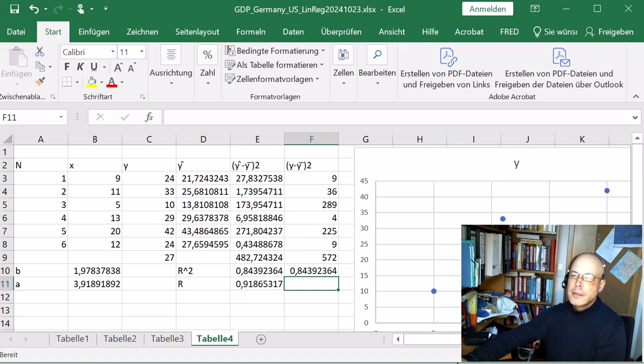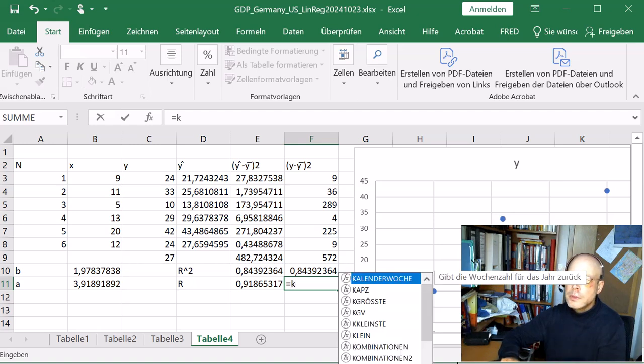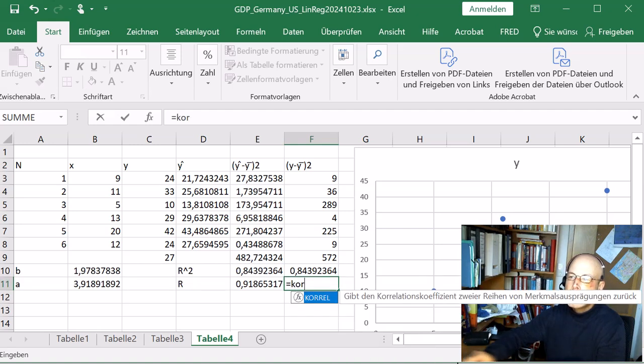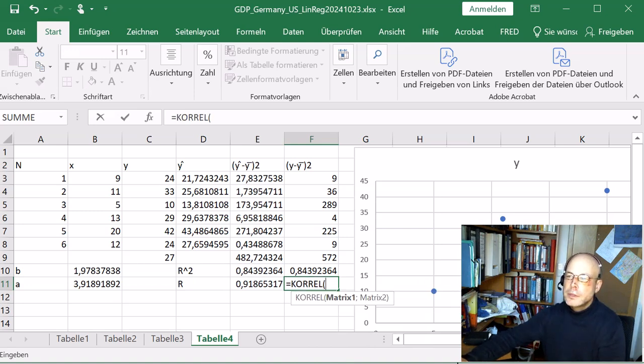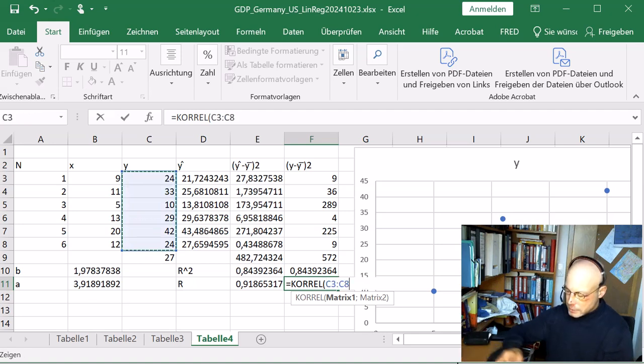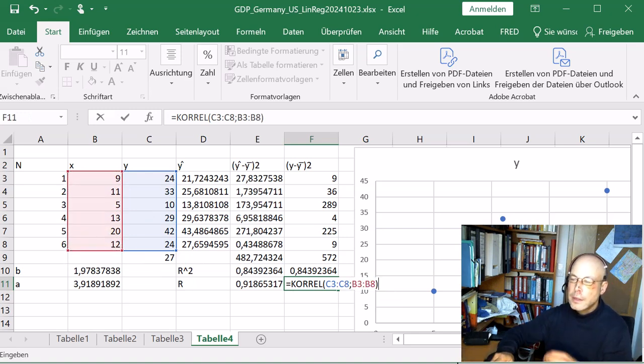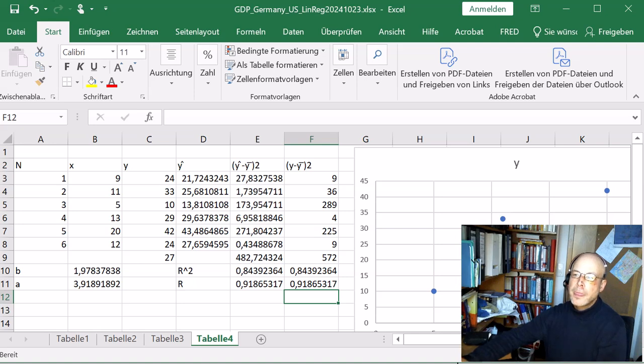Enter is of course the same number, and I hope this is the correlation coefficient, and this one and this one. Enter.